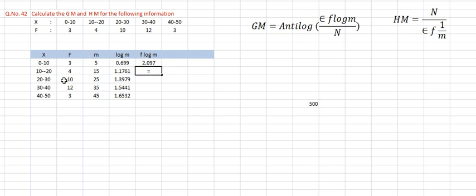Similarly, you multiply this number into this number, f into log m. Is it clear? Like that you multiply all the numbers. What will you get? All these numbers. So find the total. The total is like this.